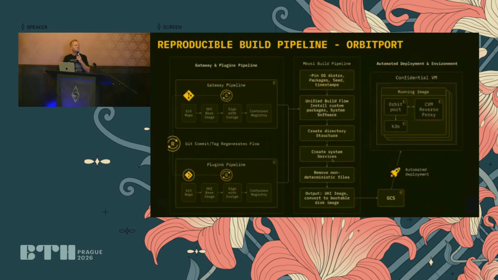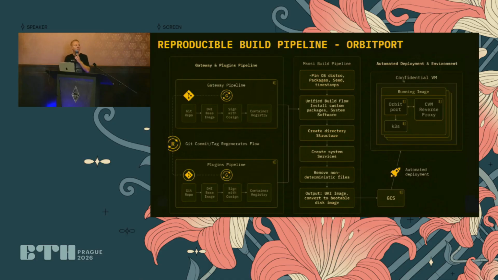Behind the scenes, we use containerd, and the output is that we strip off everything that we don't need from the operating system, so we have a pretty thin image that we can boot on any VM. But in our case, we run it on a confidential VM on GCP.